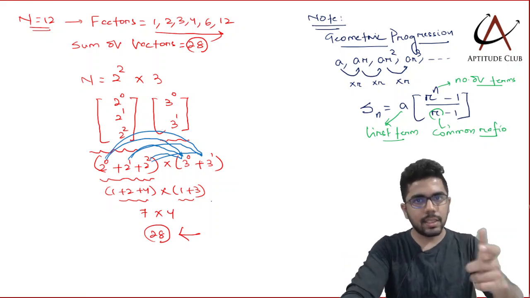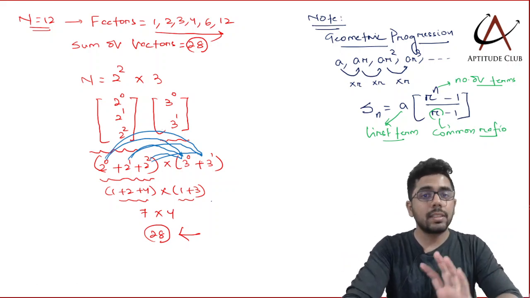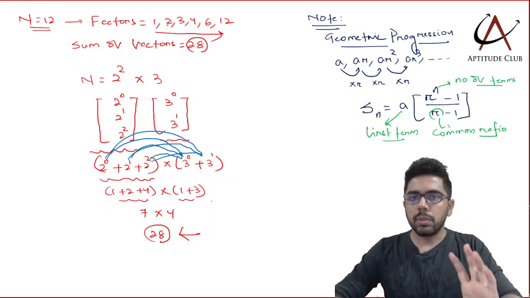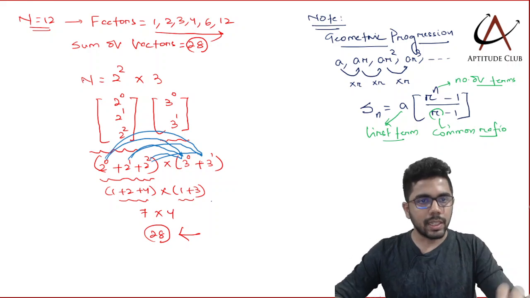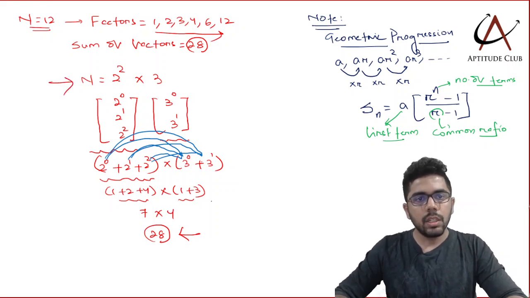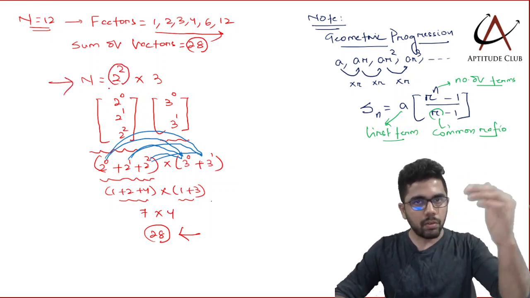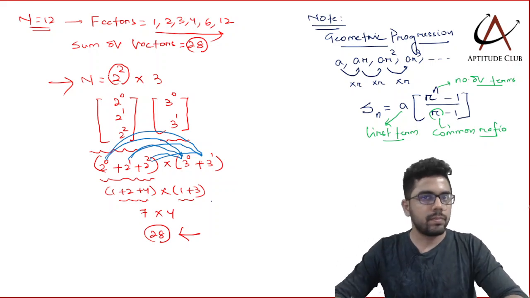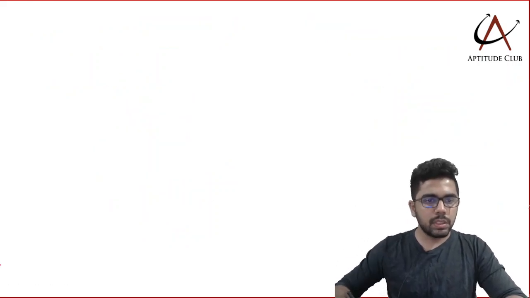So if that is the case, if we generalize this formula now, I hope all of you got the logic. Two ways: either directly add, which is not possible in case of bigger numbers. The second method is that जो प्राइम नंबर है उसका डिफरेंट पावर्स यू राइट एंड देन ऐड ऑल दोज फॉर्म्स, देन मल्टीप्लाई.